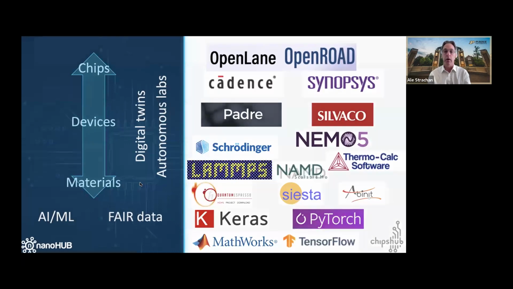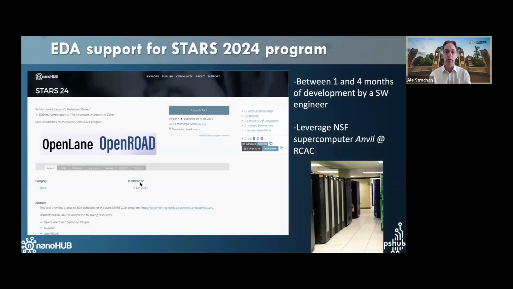So let me give you an example of our recent work in these. Two of these tools, OpenLane and OpenRoad, were used by a program during the summer of 2024 here at Purdue called STARS, where we introduced 60 students to EDA, to chip design.